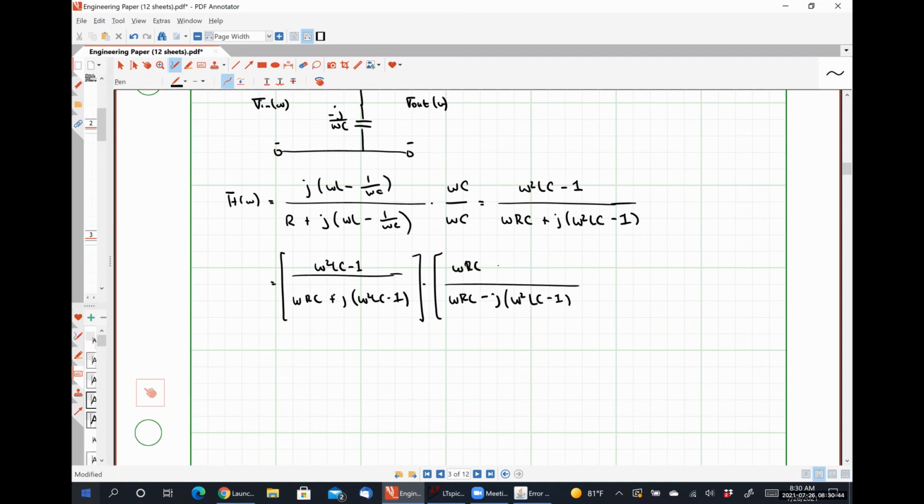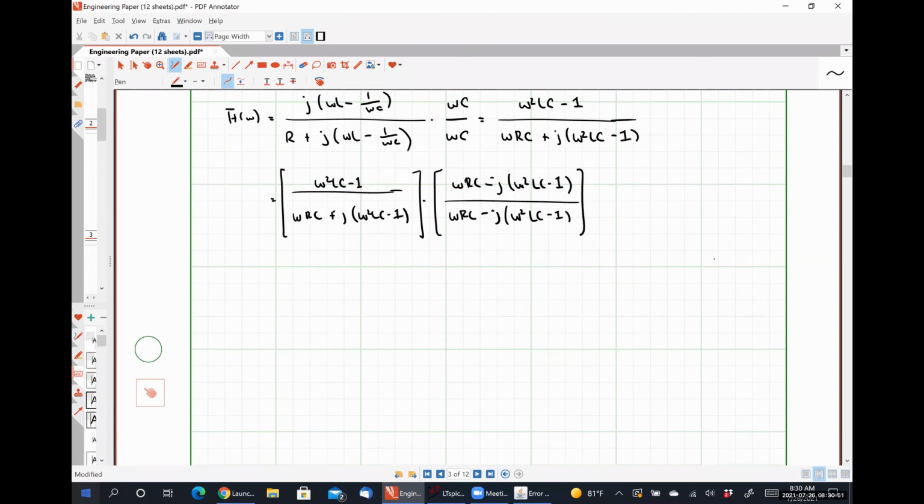What we are left with is a denominator of omega RC squared plus omega squared LC minus 1 squared. So the exact same denominator we had for our last circuit.